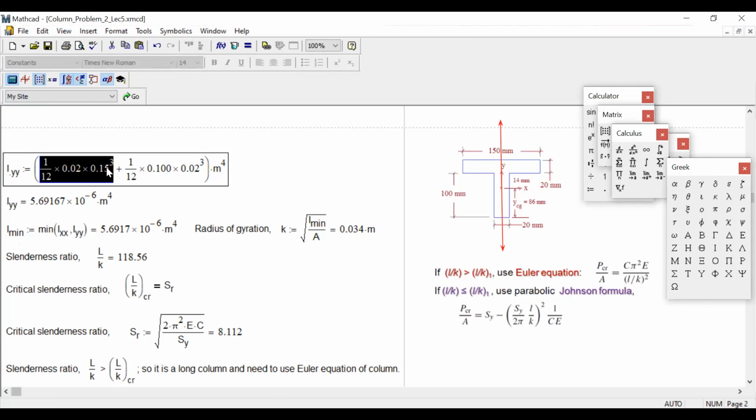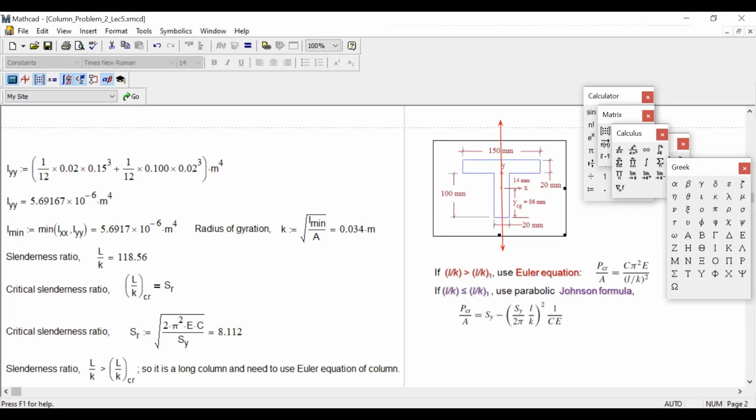Plus A D square. This inertia I highlight with the black color. That one you are getting with respect to this point, right? But we need to figure out with respect to this point. So what do we need?